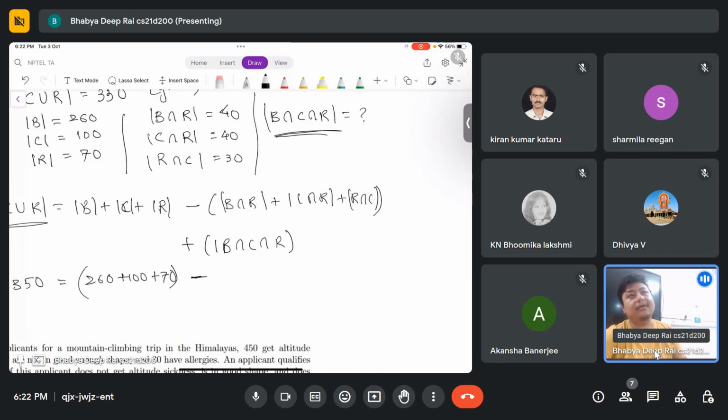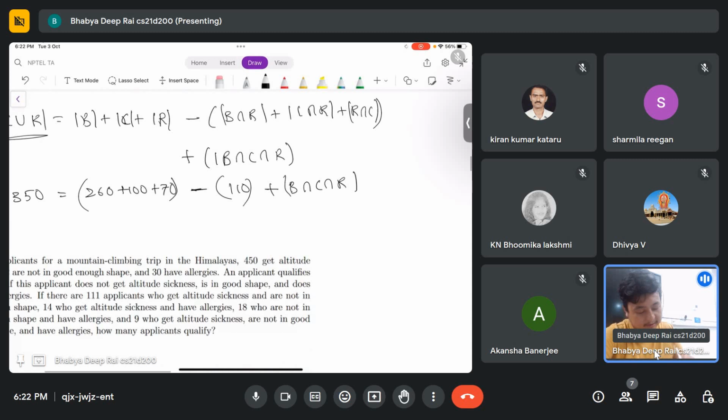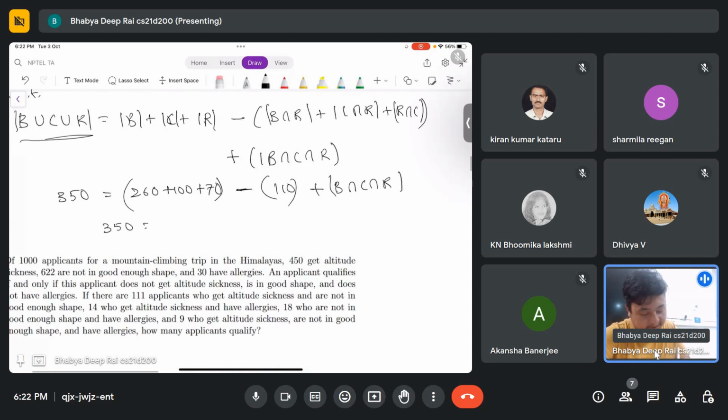Now 40 plus 40 is 80, 80 plus 30 is 110, plus B intersection C intersection R. Okay, now 350 equals 360 plus 70, which would be 430, I guess, right? Tell me if it's wrong. 430 minus 110 plus B intersection C intersection R.